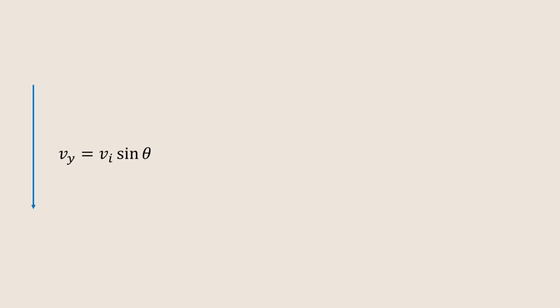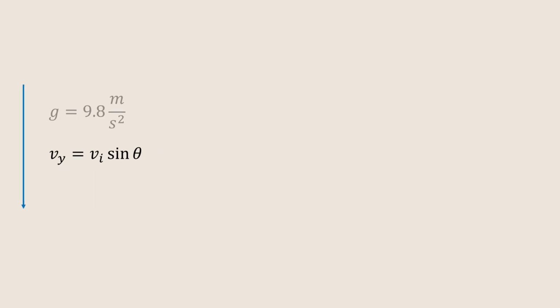Other things we know about the y direction is that we have the gravitational constant of 9.8 meters per second squared for our acceleration. We also have our delta y is equal to 0 from our initial problem. We can use these three variables to find time.